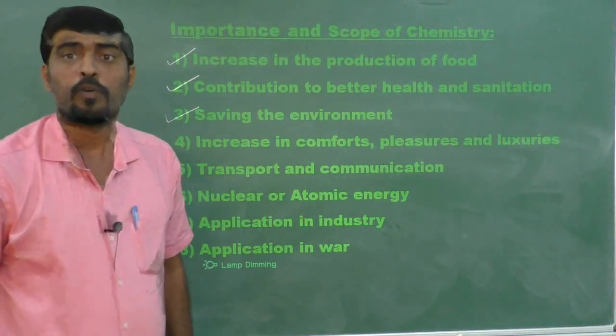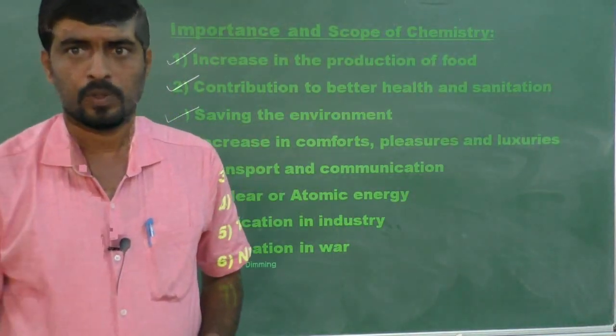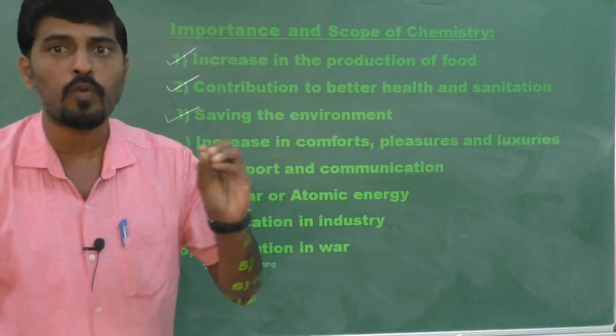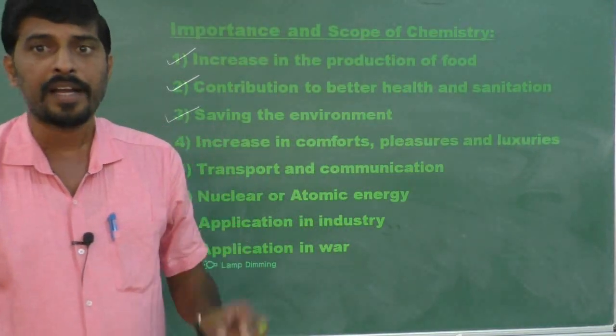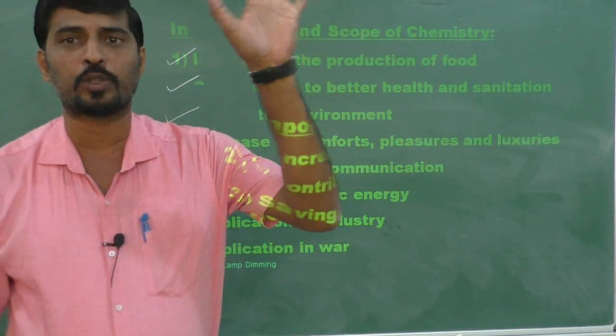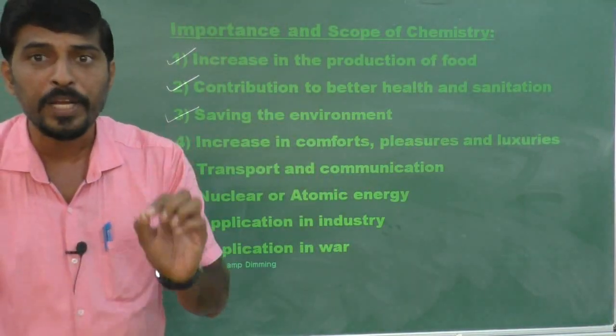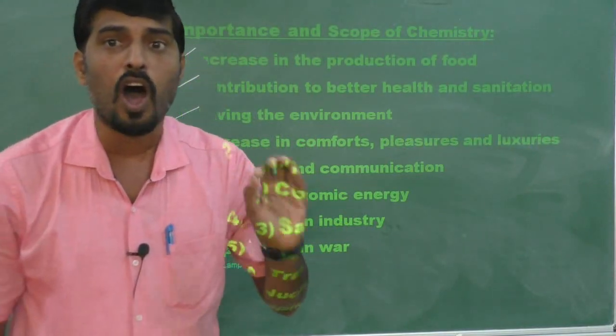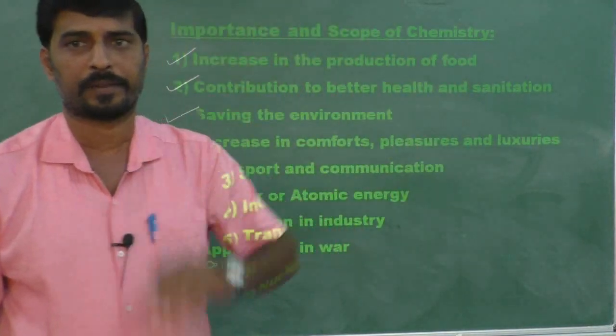We know that for refrigeration in olden days CFCs were used, that is chlorofluorocarbons, and these chlorofluorocarbons move straight to the stratosphere where the depletion of the ozone layer occurs, and it causes harmful effects to the environment.